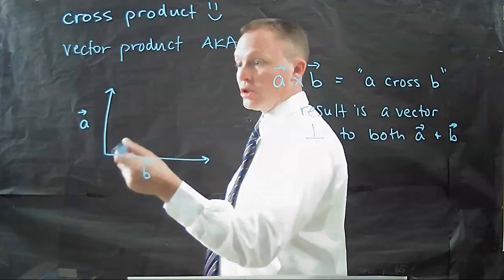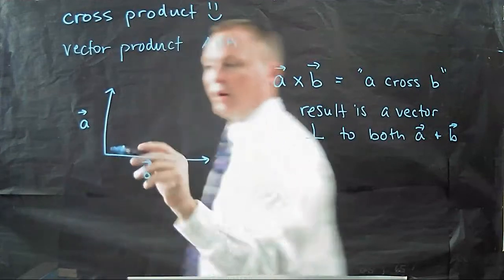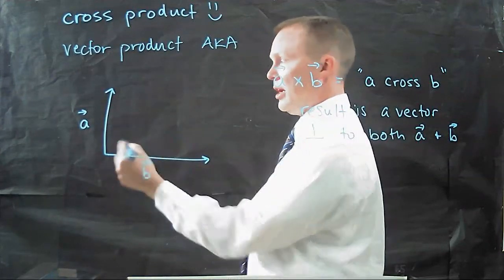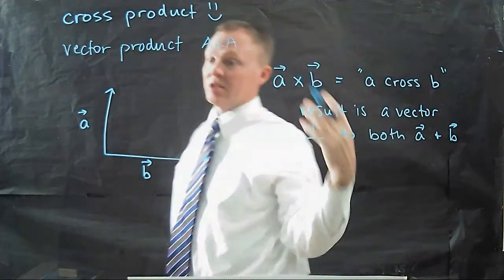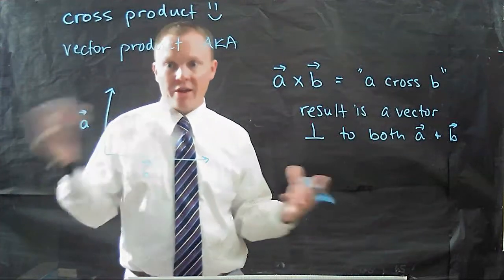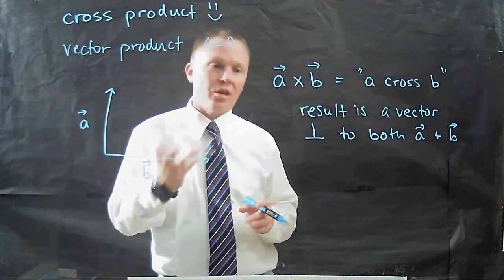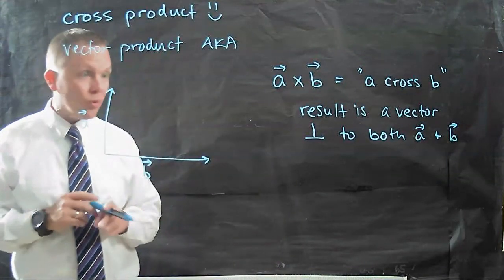Yeah. So either towards you, or towards me, this way. Okay? So we have to reconcile that because A cross B we want it to equal one thing, not two things. And so the convention is what we call a right-hand rule.